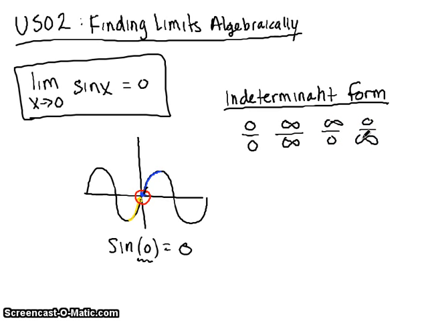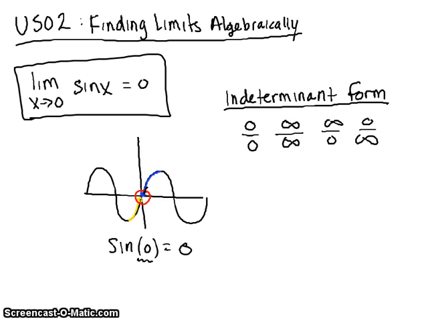We call them indeterminate forms because we don't really know what they equal. Is 0 over 0 equal to 1 because we're dividing something by itself? Is it 0 because 0 divided by anything is 0? Or is it undefined because anything divided by 0 is undefined? We aren't really sure.